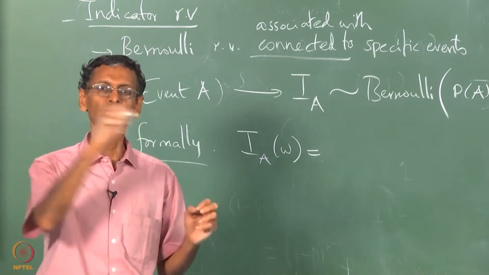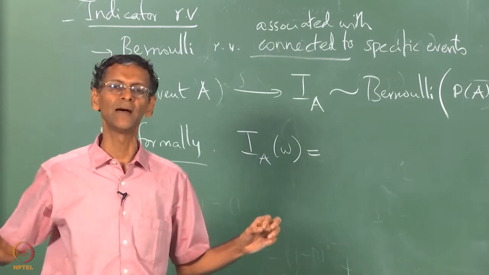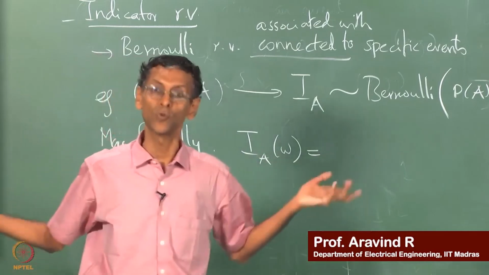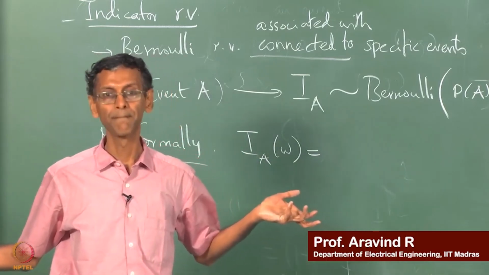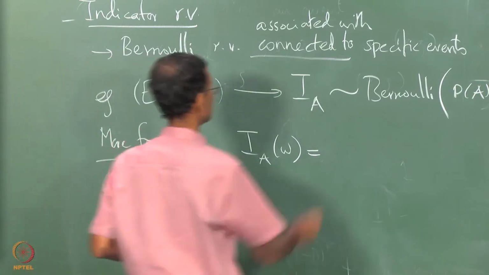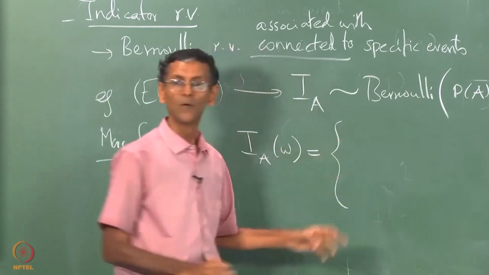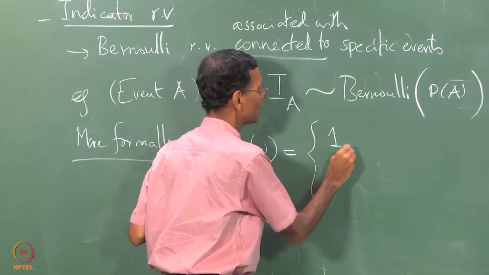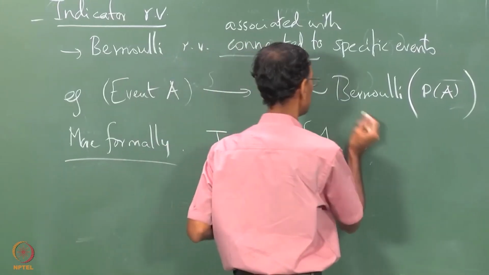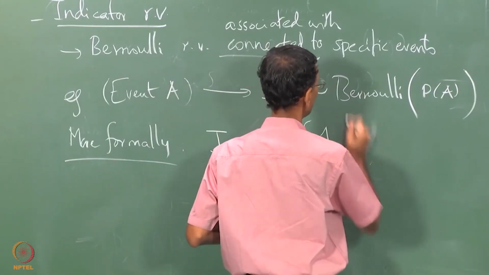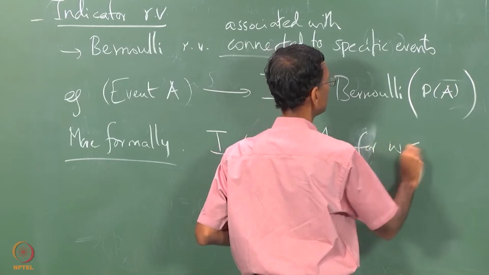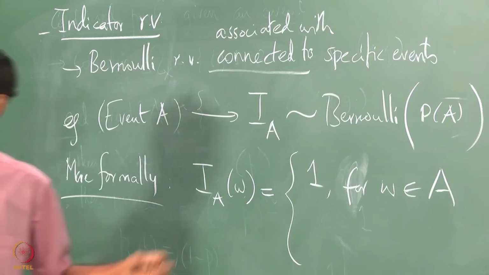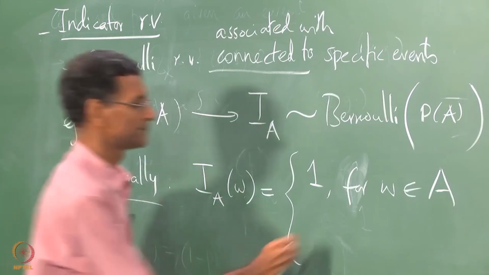For each point small omega in capital Omega, this random variable I_A takes you either to 1 or to 0, no other number. You give the value 1 if omega is in the set A. Otherwise, you give it the value 0.